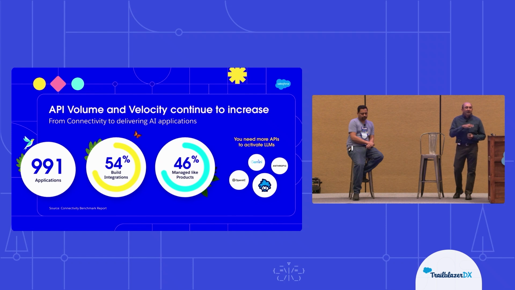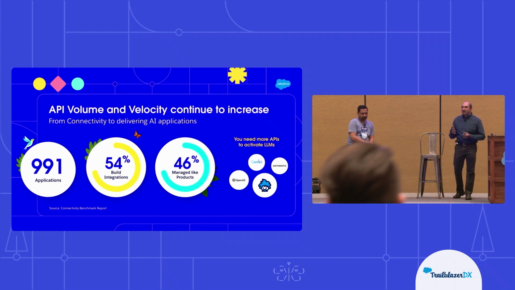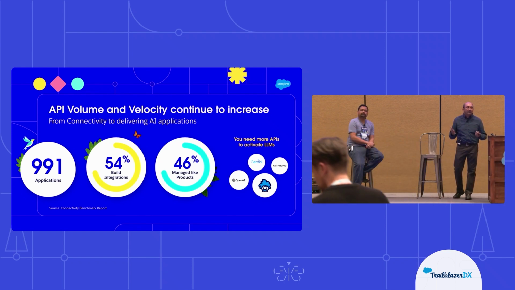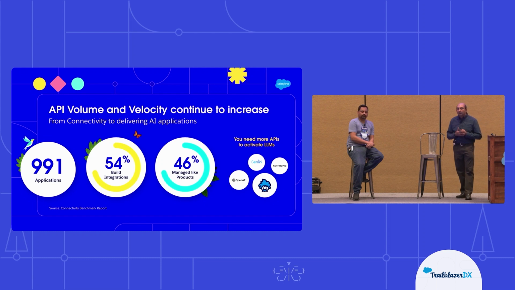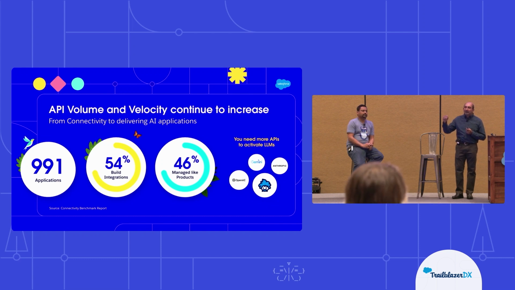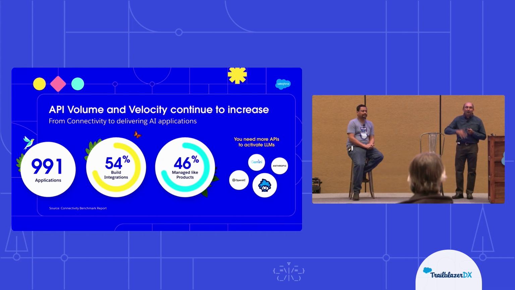Now, APIs do different tasks, right? They are used for different aspects. 54% of those respondents mentioned that they use APIs to build integrations, and 46% to manage API products, or API as a product. Now, with the advent of AI and Gen AI applications, the number and type of APIs are actually going to increase and not decrease.